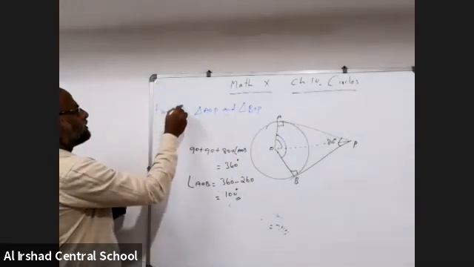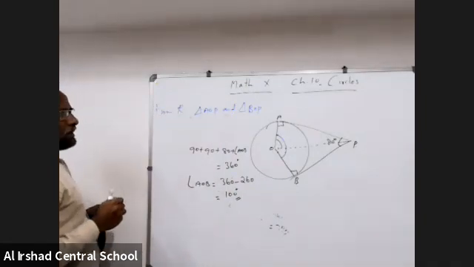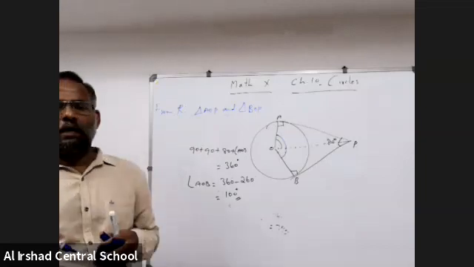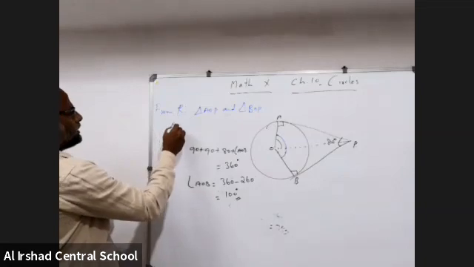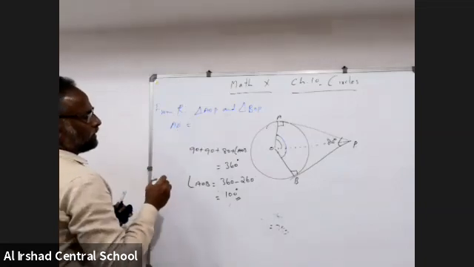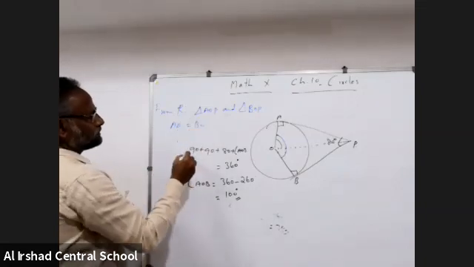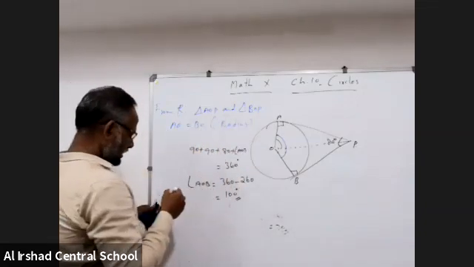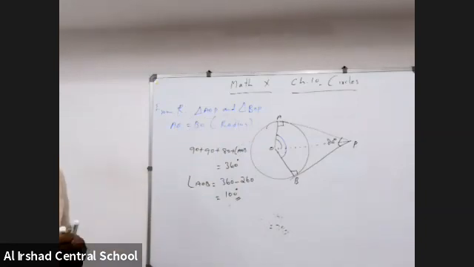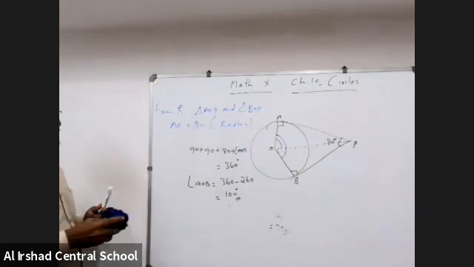From the right triangle AOP and right triangle BOP, AO is equal to BO, because radii of the same circle are equal.